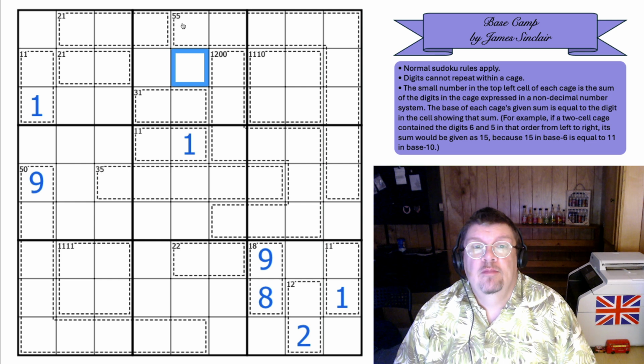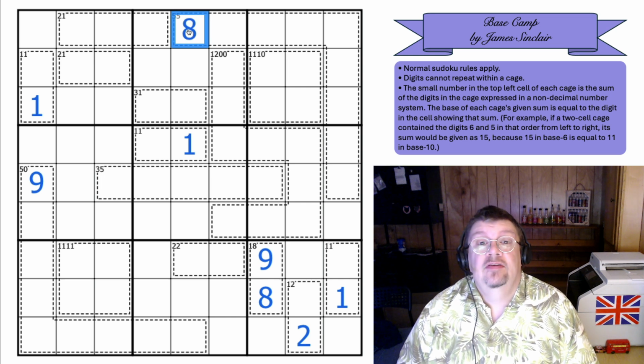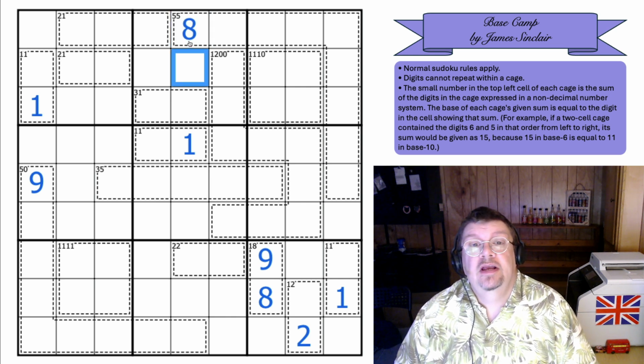So 45 minus 5 is 40, and divide that by 5 and we get 8. So that is going to be an 8. So just to check, if this is in base 8, then these are 5 lots of 8, and that's 40 plus 5 units, makes 45, which is what we want this to add up to in decimal.